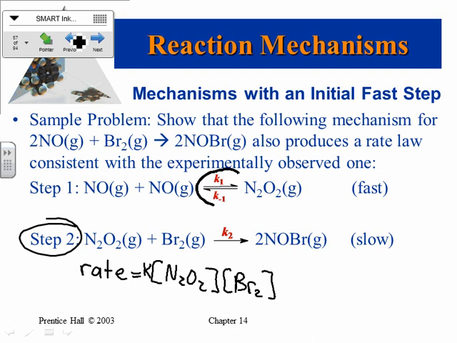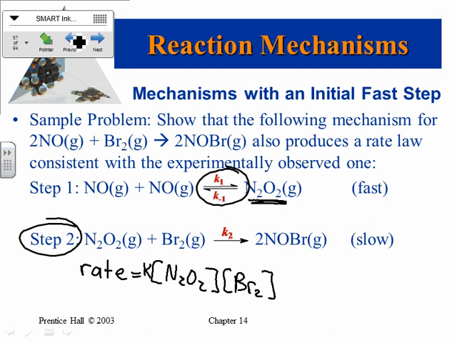And notice, nice and convenient, we've got an equilibrium in the fast step, okay? Now, it's not really a coincidence that we have an equilibrium in the fast step, because if this intermediate is unstable, which intermediates usually are, then it's probably going to decompose back into this just as quickly as it's being formed, okay? So that's why we have an equilibrium here.